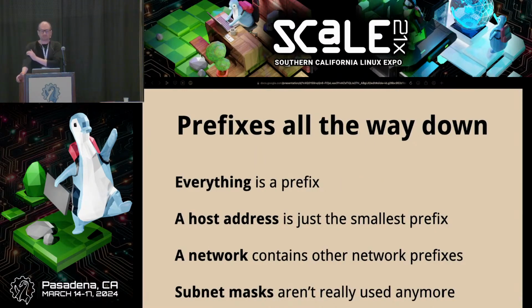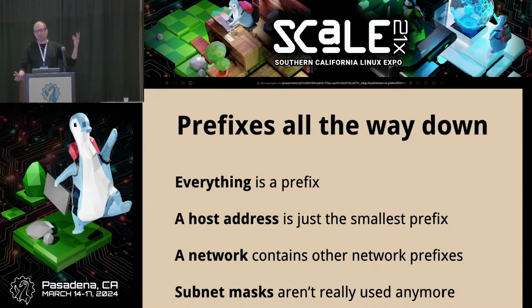So I mentioned prefixes already. Pretty much everything is a prefix, as I previously stated. A host address is the smallest prefix. So for example, in IPv4, a host address has a prefix length of 32 or /32. And in IPv6, a host address has a prefix length of 128 or /128.